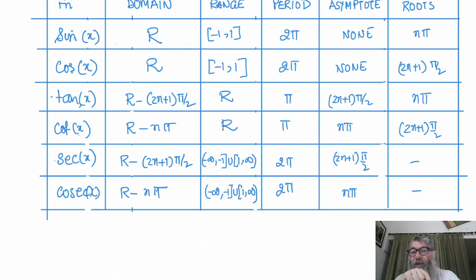Similarly, tan x and cot x have the same range and the same period, and again asymptotes and roots. I'm sure this table will help you to remember. You must go through it time and again.